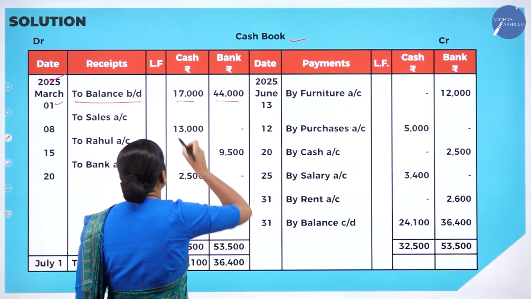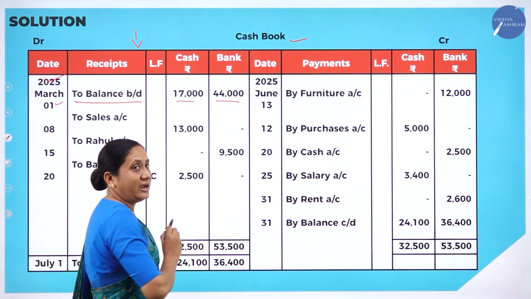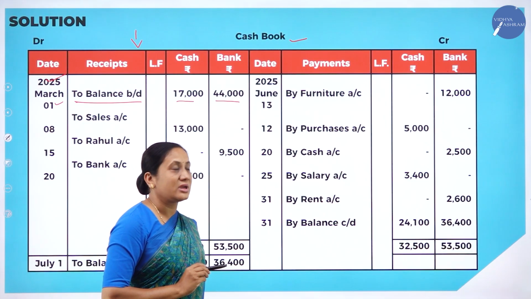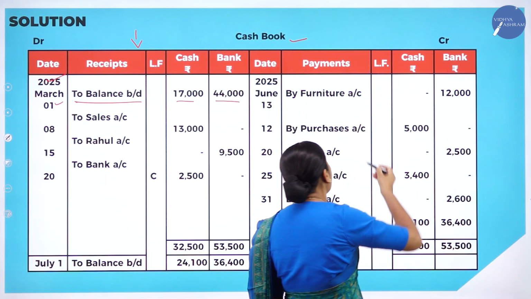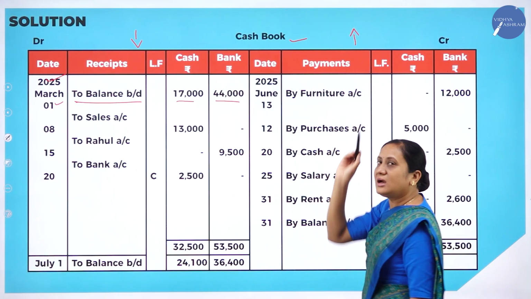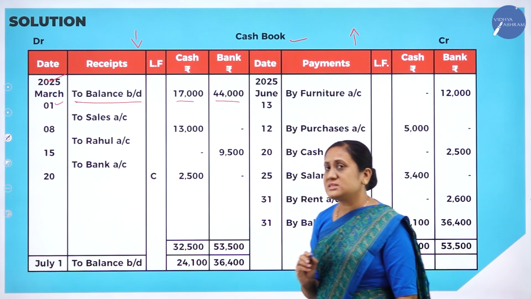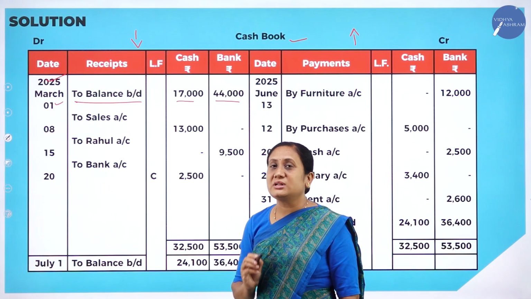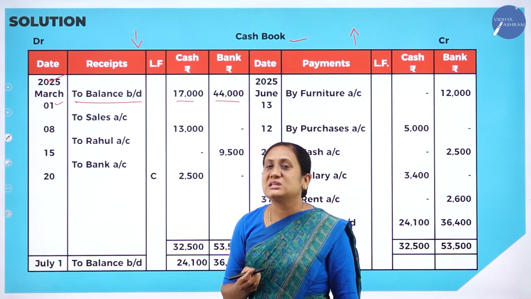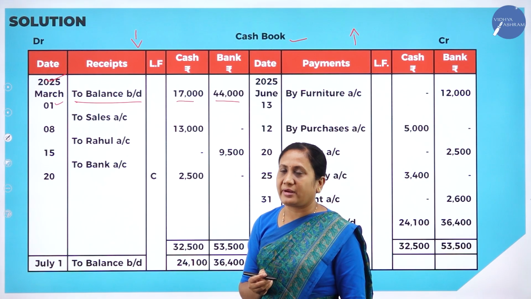If the cash is coming into the business, or inflow of cash, it should be entered on the debit side of the cash book. Similarly, if cash is going out, or if there is an outflow of cash, it should be entered on the credit side. Correct. And we should always think from the viewpoint of the business. What is happening to the business?